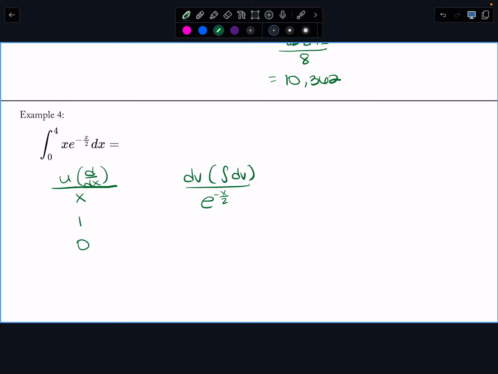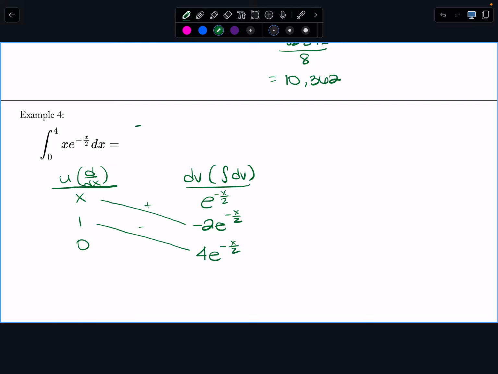To do my antiderivative, technically my antiderivative is U substitution. So this would be a negative 2e to the negative x over 2, and then a 4e to the negative x over 2. It is the reciprocal of the coefficient of the exponent. And then we play tic-tac-toe. Plus and minus.